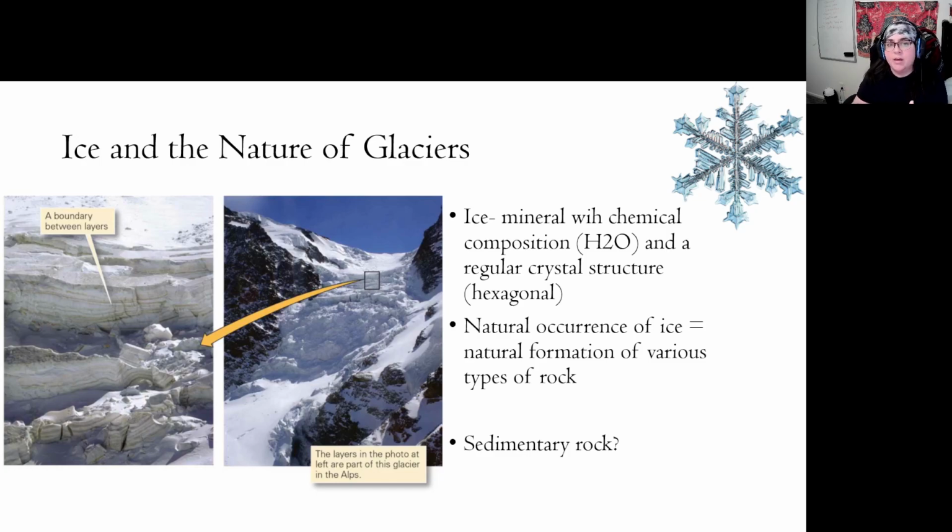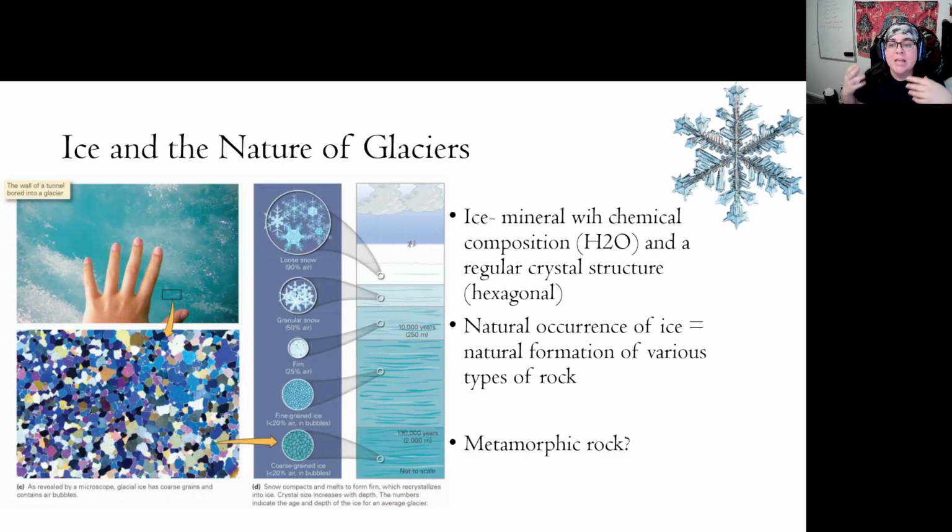We can also compare the formation of ice to the formation of a sedimentary rock. In these images, we can see boundaries between different layers of snowfall, which mimics sedimentary structures that we might see in, for example, a sandstone. Finally, we can also compare the formation of ice to the formation of metamorphic rocks.